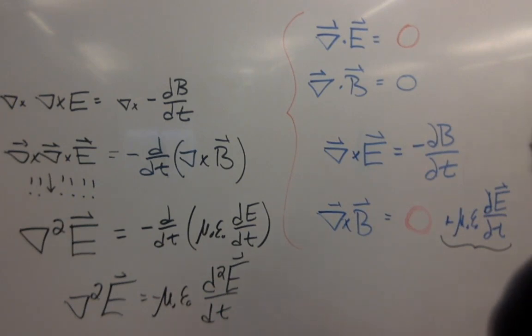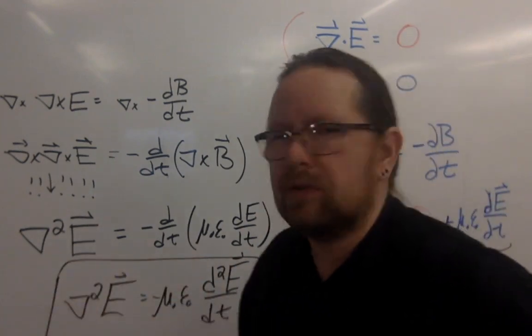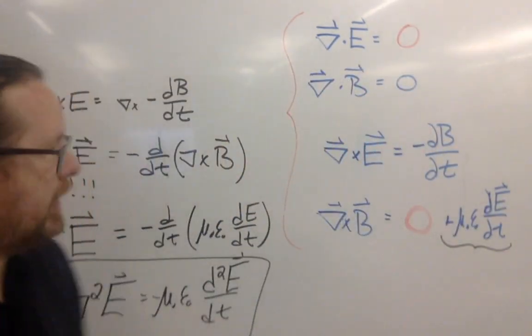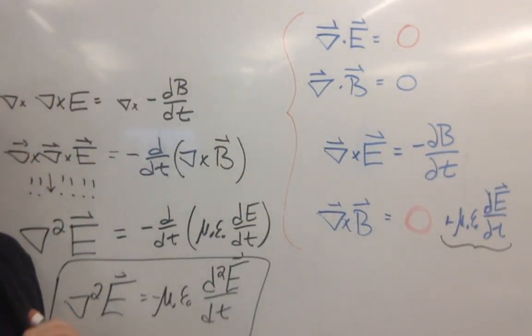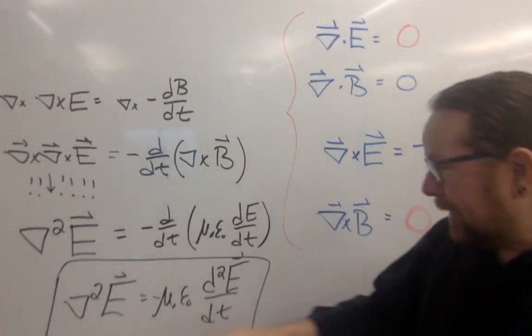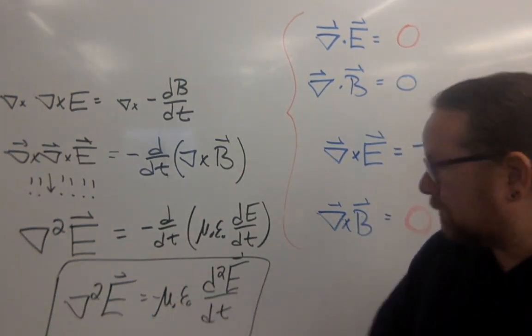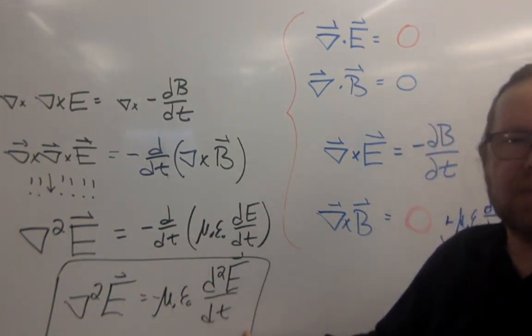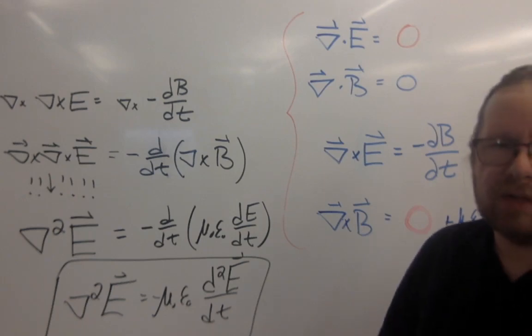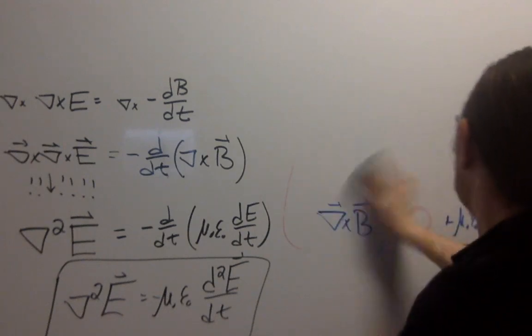Okay? This equation is very important. And if you are a physicist, this equation is very recognizable. Any phenomenon that obeys an equation that says a certain kind of spatial second derivative is equal to a constant times a certain kind of temporal second derivative. If this was just in one dimension, we could rewrite this as follows.